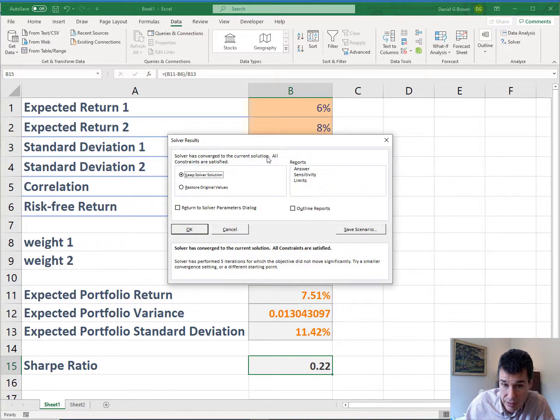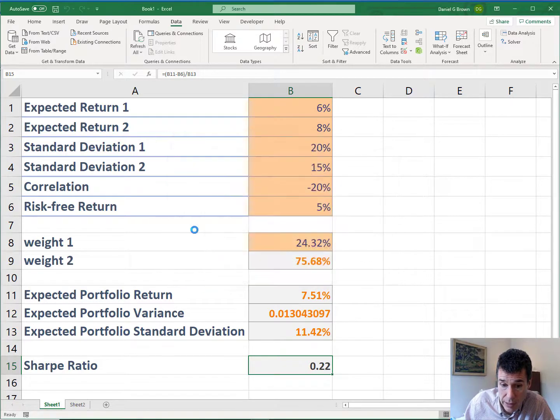It comes back, it's converged to a solution. All the constraints are satisfied. We can either go back to where we started or keep the solution. So we'll say OK. And we'll see here in this particular setup, with these expected returns, 6 and 8%, these standard deviations, 20 and 15.